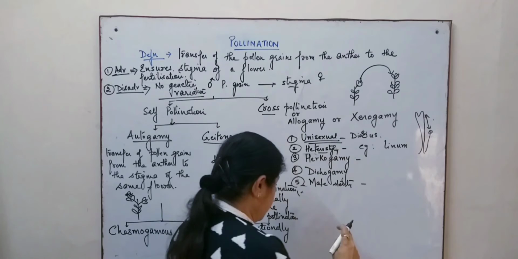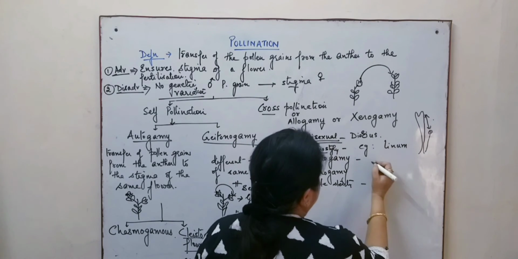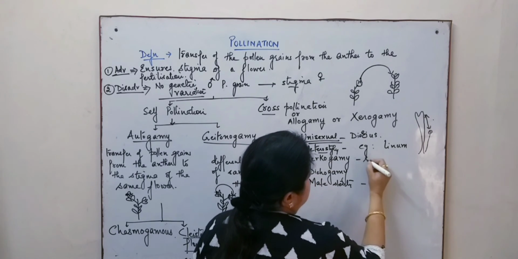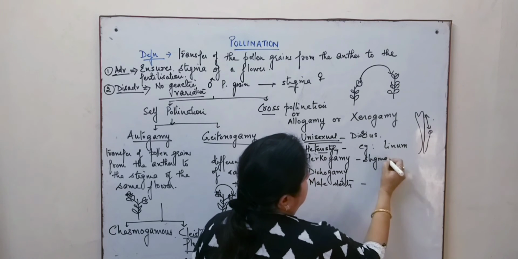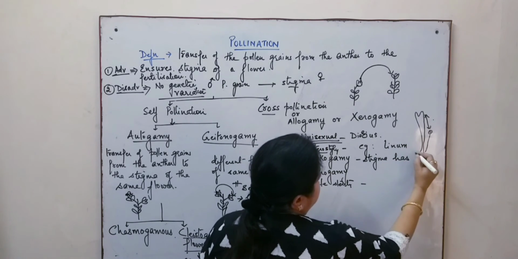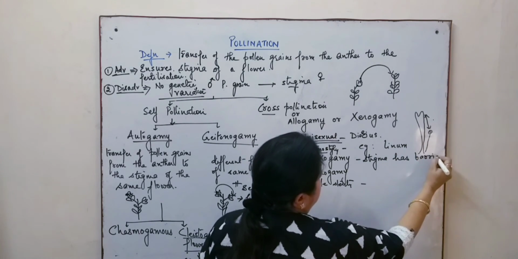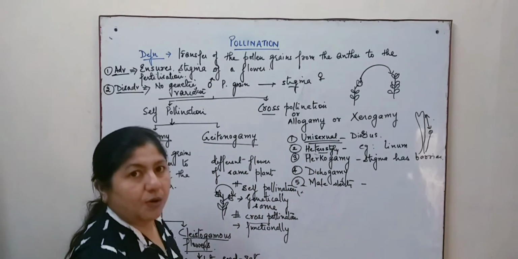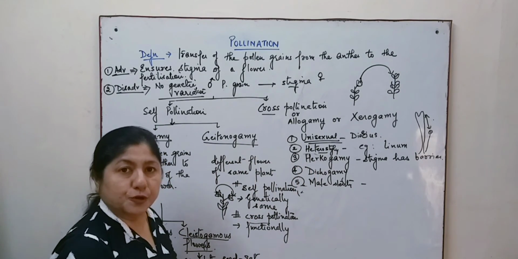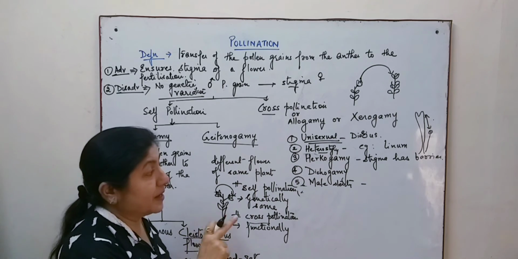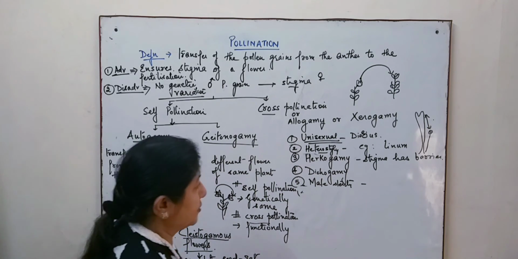Then it is hercogamy, where the male and the female, that is the stigma, has some mechanical barrier that does not allow the pollen of the same flower to fuse with it very easily. That is what we are talking of.